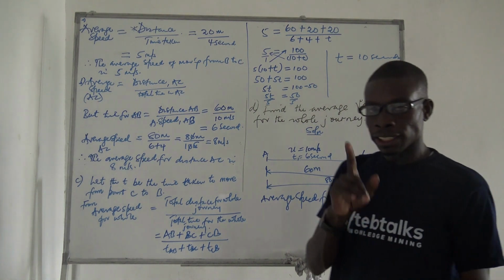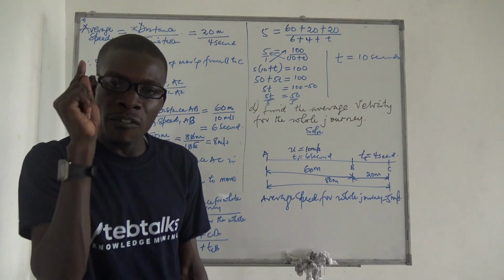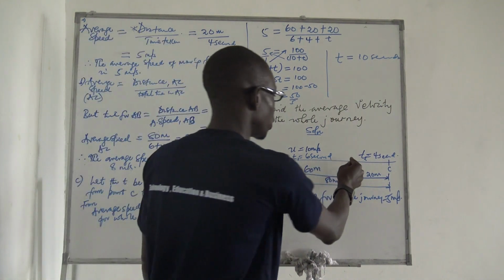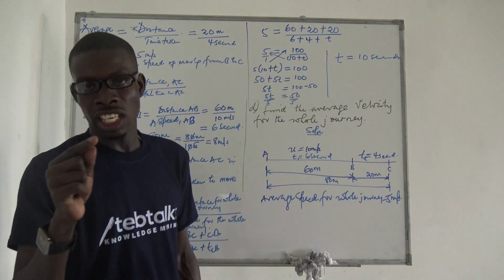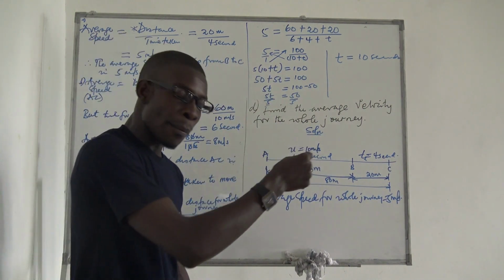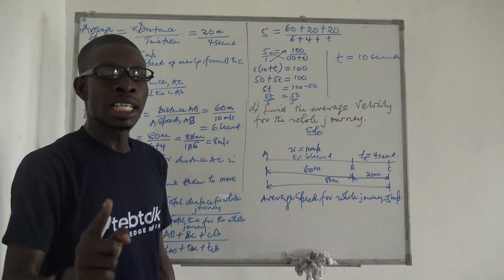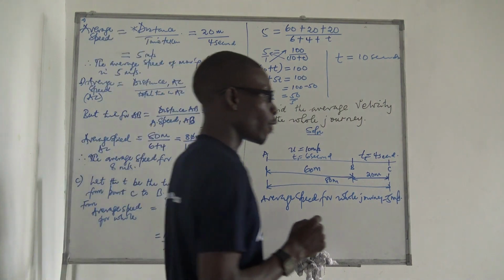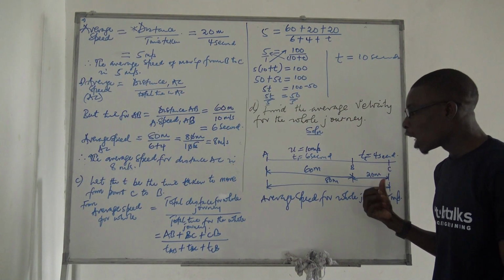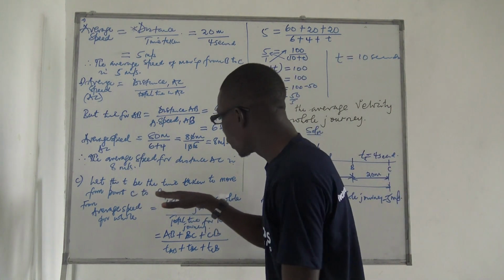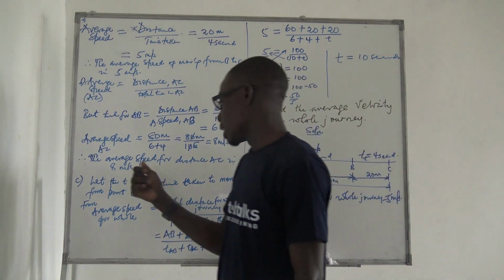We say that is only true if it uses the same velocity. The velocity it used in moving towards point C is the same velocity it is going to use in coming back. But we say we are not definite and it has not been illustrated to us. Therefore, we say we shall go into letting the time for moving from point C to B to be a letter T.